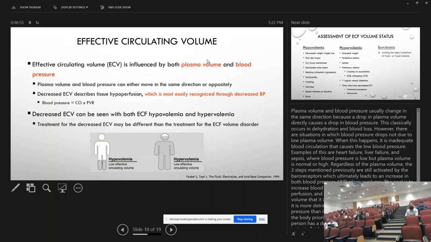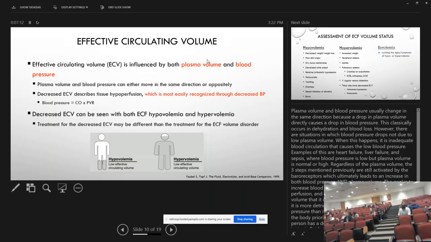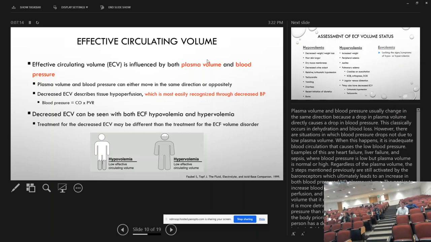Your effective circulating volume is influenced by both your plasma volume and your blood pressure. Plasma volume and blood pressure can either move in the same direction or opposite. A decreased ECV describes tissue hypoperfusion, which is most easily recognized by a decrease in blood pressure. Remember, blood pressure is cardiac output times peripheral vascular resistance.